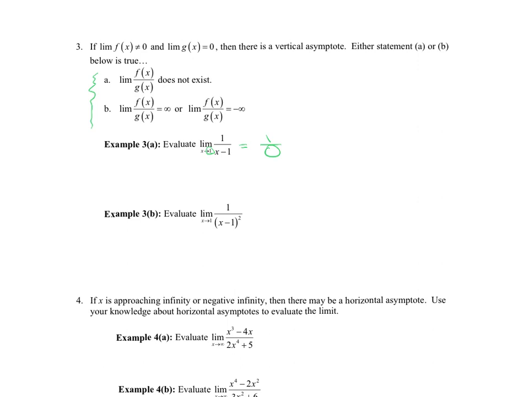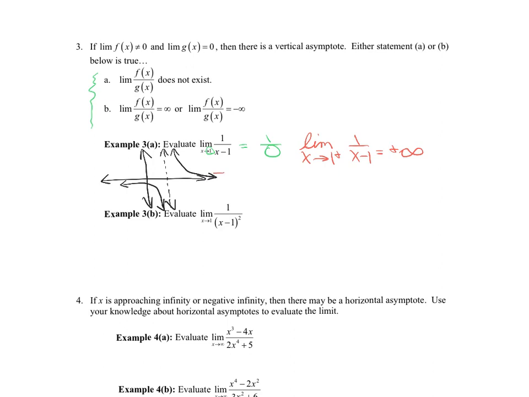And here's what it looks like. We have a vertical asymptote where x equals 1. One branch of the graph looks like this. The other branch of the graph looks like this. And you see the limit as x approaches 1 from the right side of the graph is positive infinity.